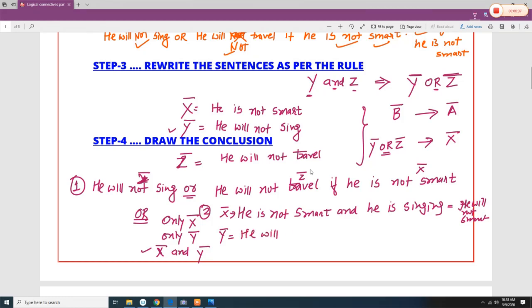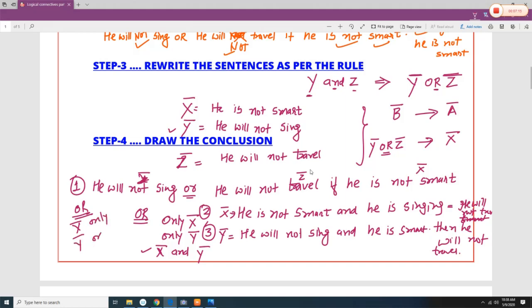He will not sing and he is smart, then he will not travel. So this is conclusion number 3. So remember, when OR is there, it leads to 3 possibilities: X bar only, Y bar only, X bar and Y bar.